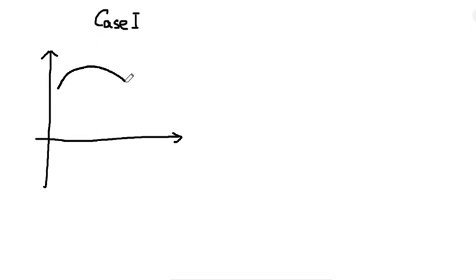My function f and my function g do have some intersection, but it doesn't matter. Between a and b, the function f is always greater than function g. This is my function f, this is g, but from a to b, function f is greater than function g.